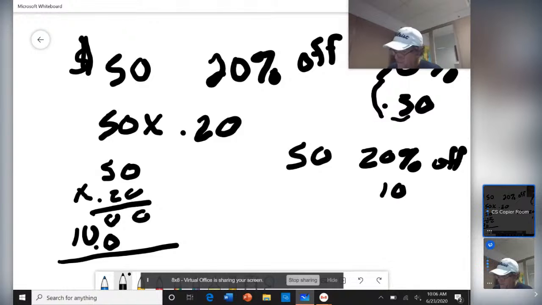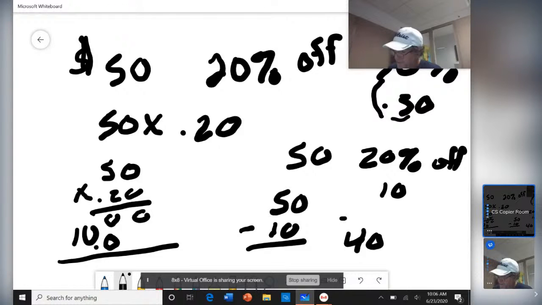So we're just going to do 50 minus 10, and your shoes are going to be $40. And all you did is multiply the total price, which is 50, times whatever percent they're off.